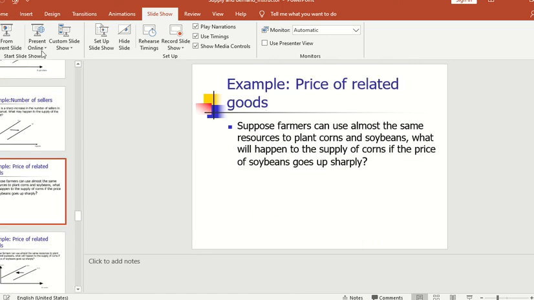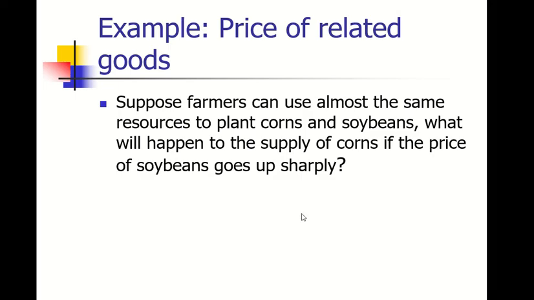And then the last determinant of supply that we will cover is the price of related goods. We talked about the price of related goods when we covered the demand side, but this time it's slightly different. We're not looking at related goods from the point of view of consumers. We're looking at related goods from the point of view of producers. Okay?